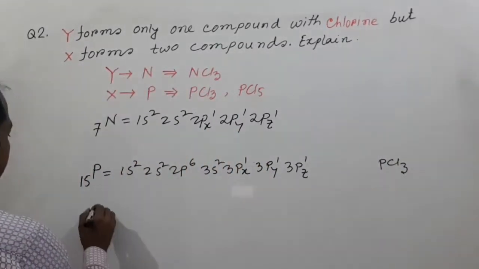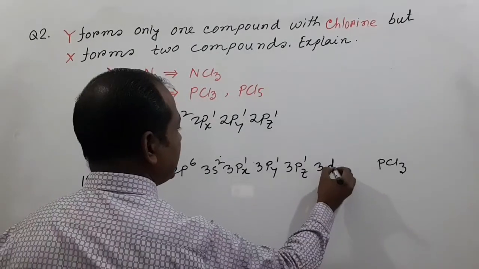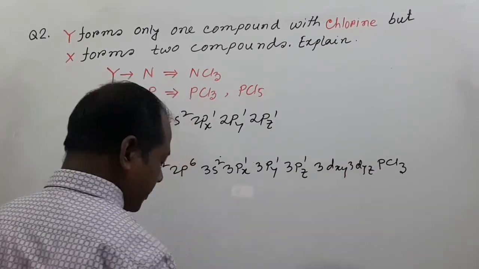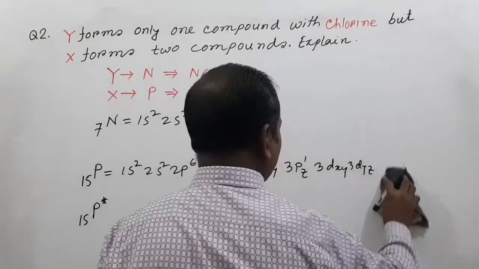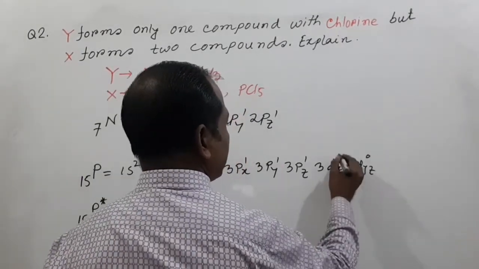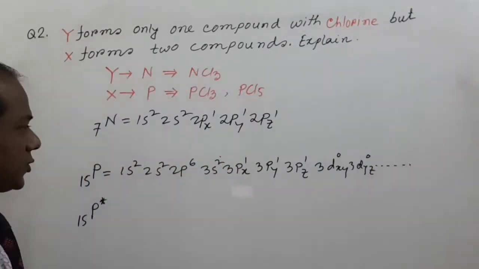But in excited state, 3dxy, 3dyz vacant orbitals are present here in the outermost shell of phosphorus.